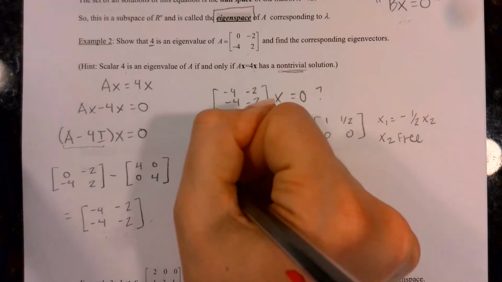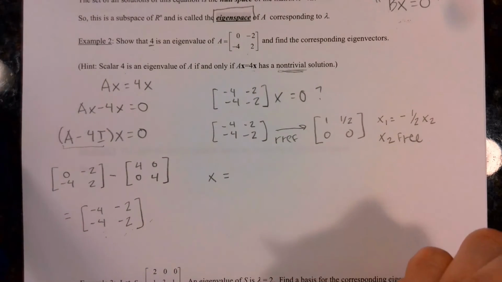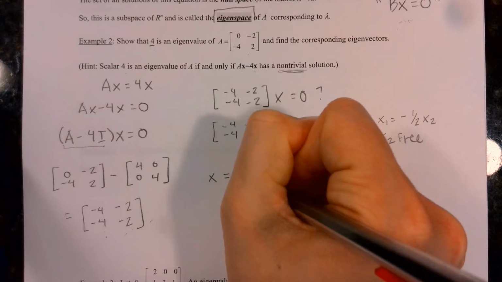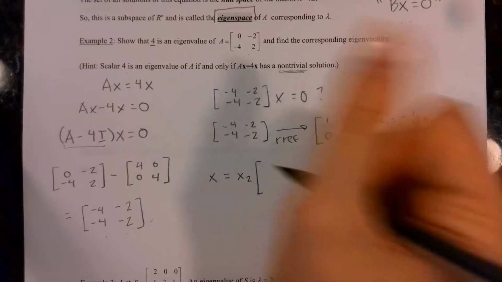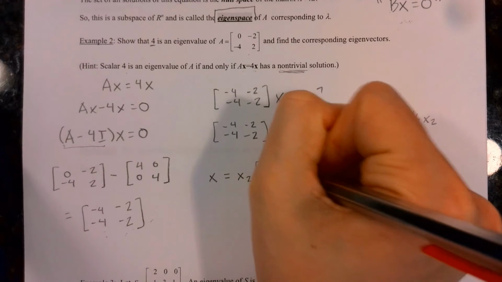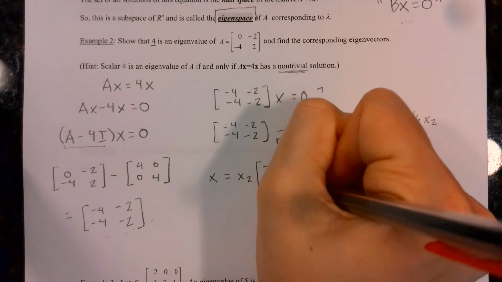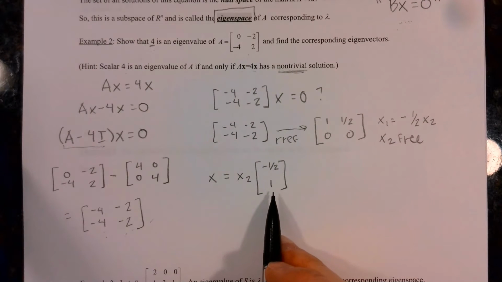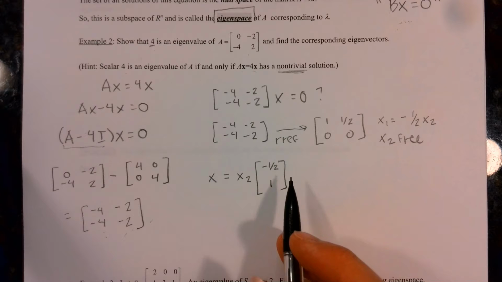So that means my solutions, x, are going to be, I've got 2 variables here, so negative 1/2, 1. They are all going to be scalar multiples of this vector right here.